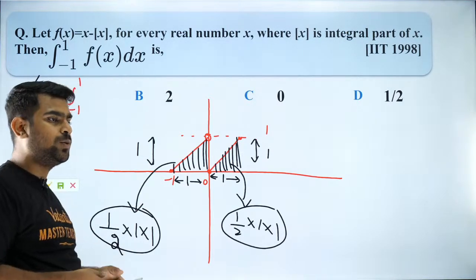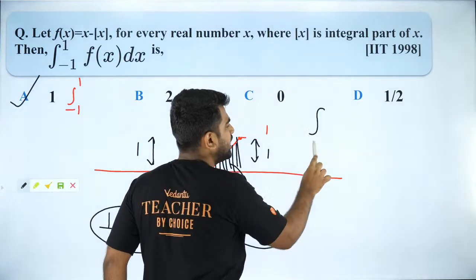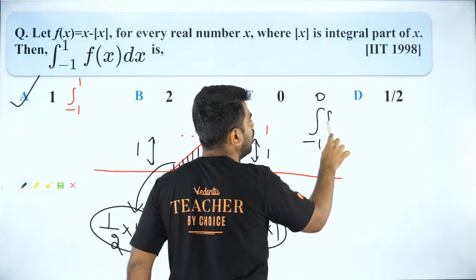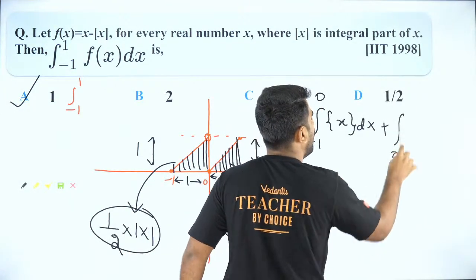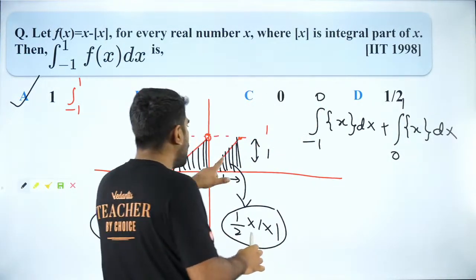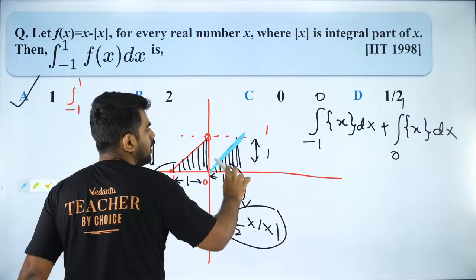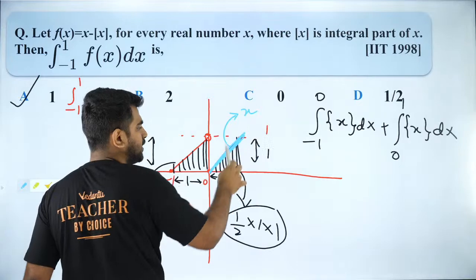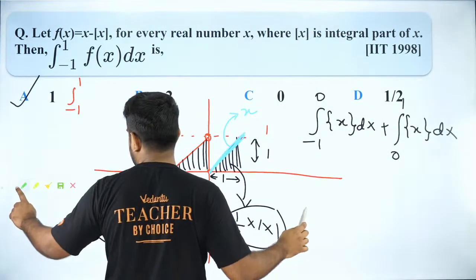Let's look at the regular way. The regular way is breaking this. So, I will break it as integral from -1 to 0 of fractional part of x dx plus integral from 0 to 1 of fractional part of x dx. Now, from 0 to 1 the fractional part of x is this function. So, what is that? That is nothing but x. Don't you think that is y equal to x? So, this second portion is very easy.